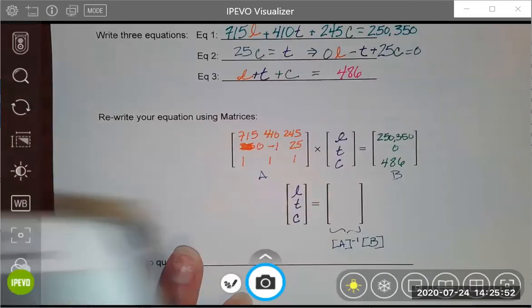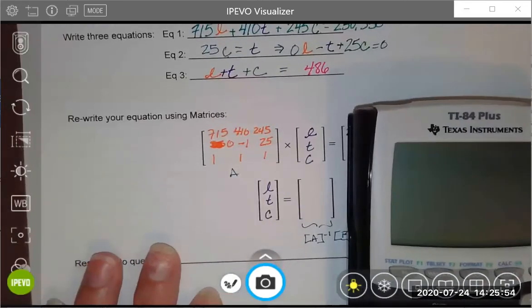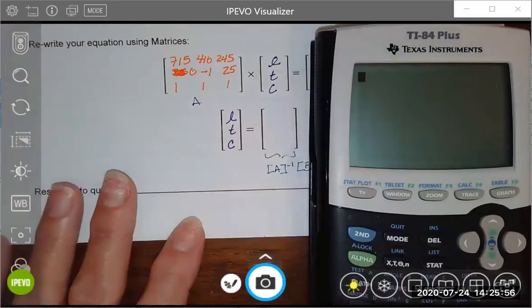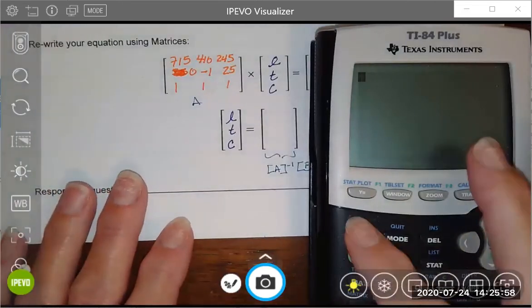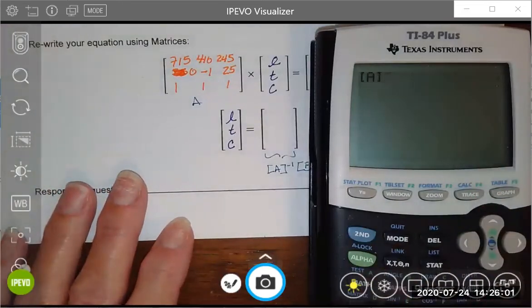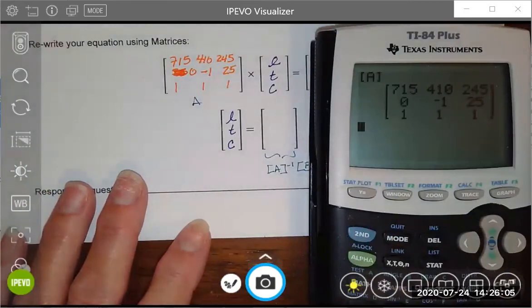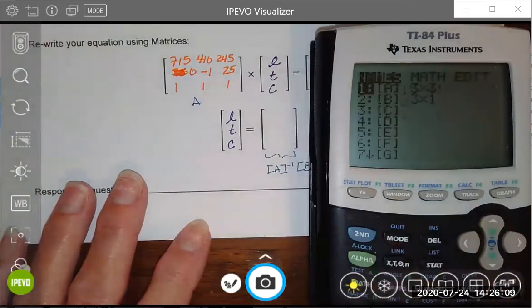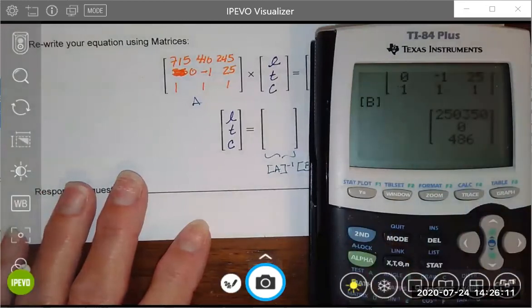All right, so being an efficiency expert, nothing to do with being lazy, I went ahead and put these matrices into my calculator ahead of time. So you can just verify that I've typed it in correctly. One of the biggest mistakes students make is forgetting the negative sign in these matrices. And that's a pretty common problem.